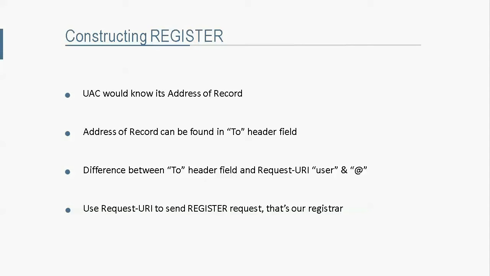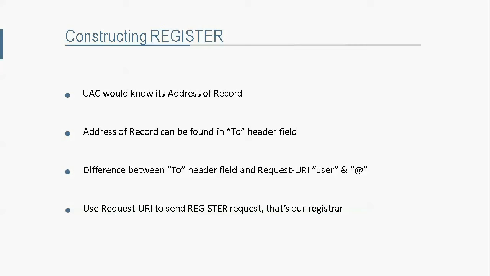The first one is an approach we could figure out by logic. Just like a person joining a new group of people, a user agent client may not know anyone but itself. Therefore, a user agent client would certainly know its address of record, just like a person would know their name.